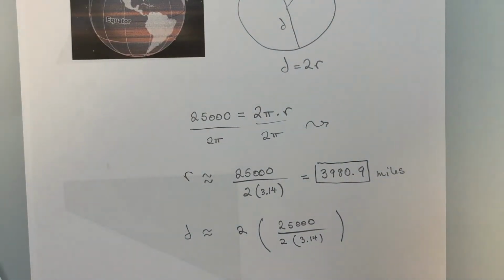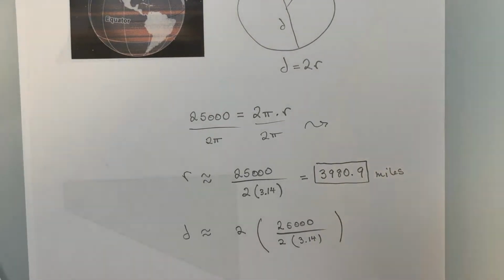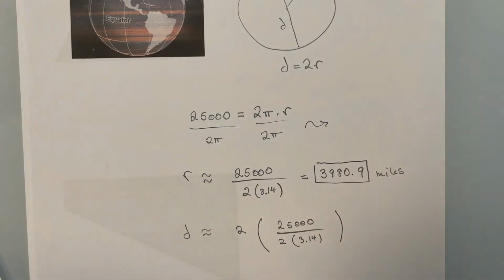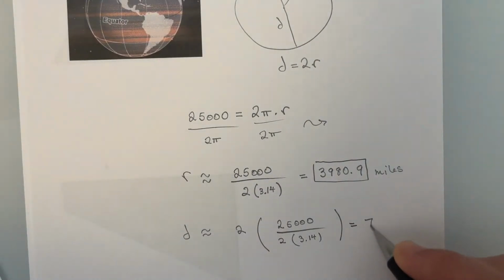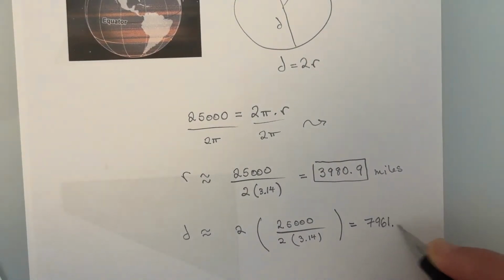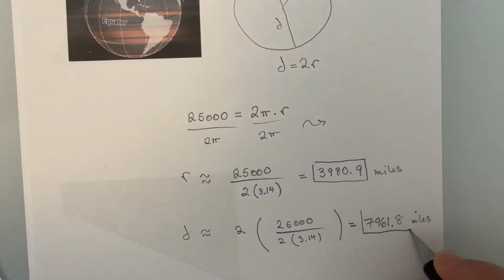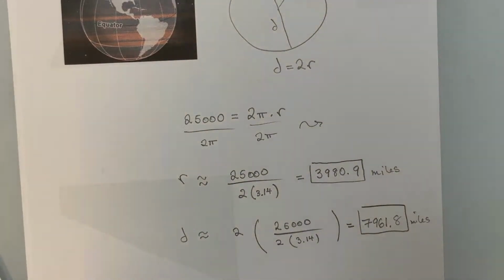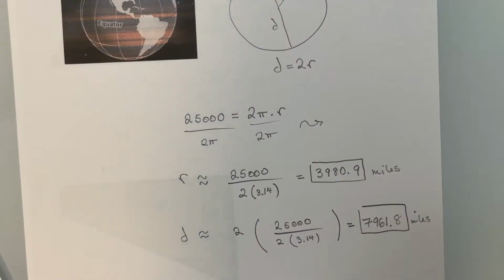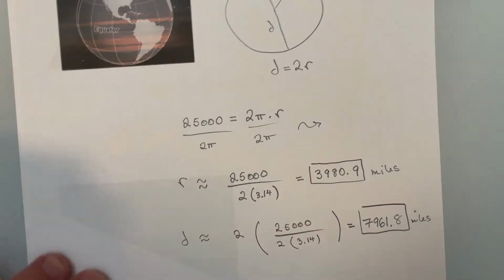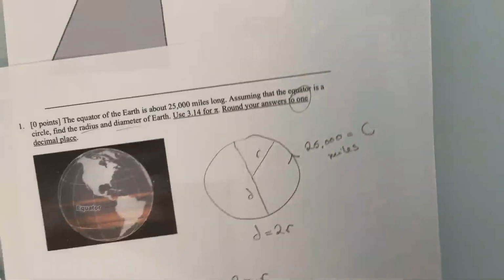I think I have it activated. Okay, so 7,961.8, that would also be miles if that were important. Cool. Radius, diameter, 1 decimal place. All right, that was that.